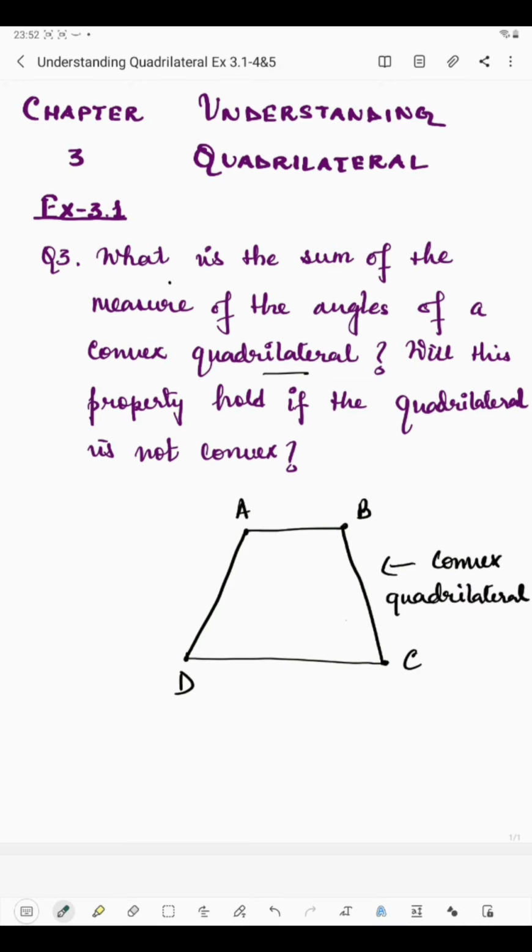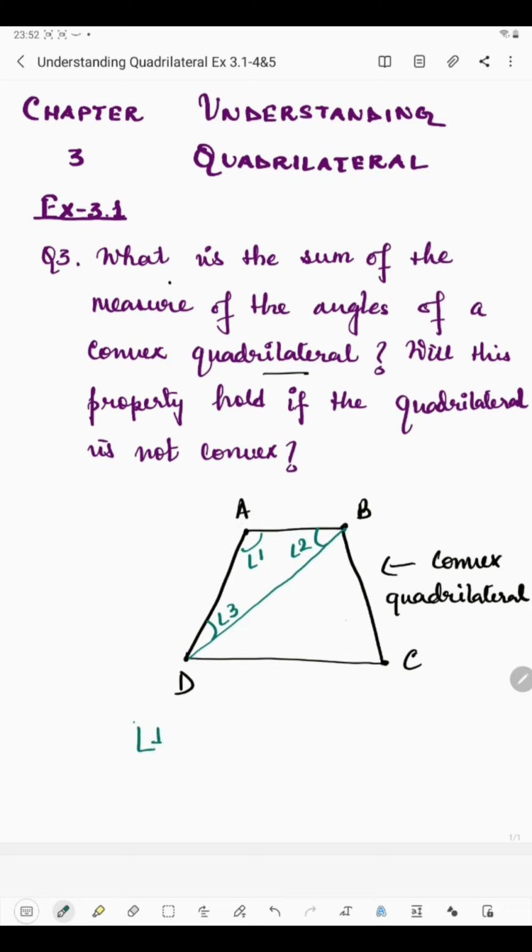For this, we will just divide the quadrilateral into two halves. Now see, this is in the shape of a triangle. So we will first find the sum of angles of triangle ABD. Suppose these are angle 1, 2 and 3. So what will be the sum of angles of triangle ABD?